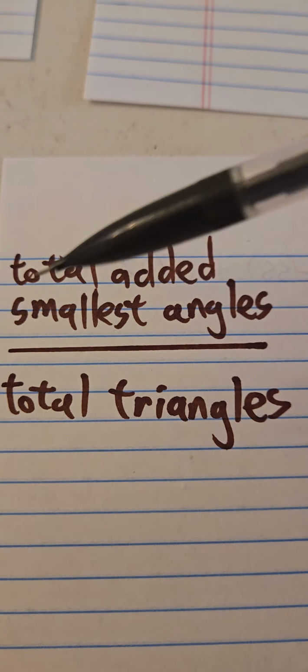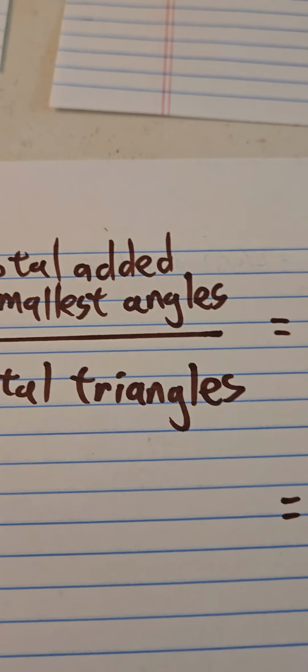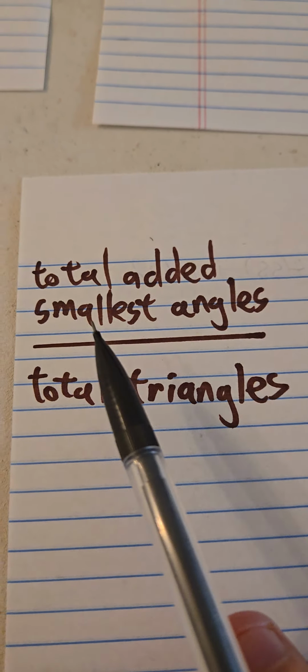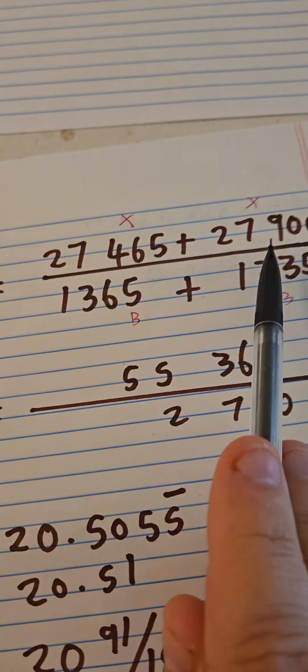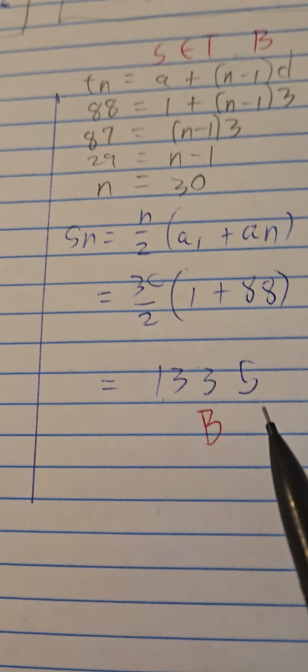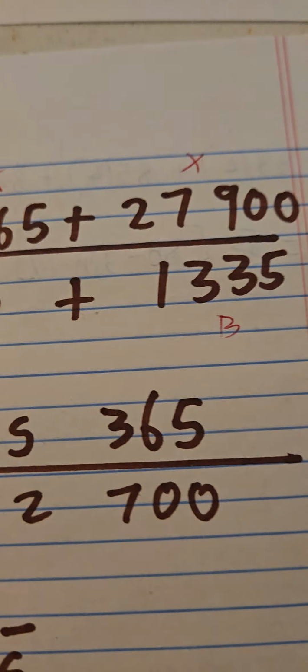If we lined up every single triangle possible, and add up all the smallest angles, we're going to get 27465 plus 27900. That's the two totals we got over here. And the total number of triangles is these two numbers, 1365 plus 1335.